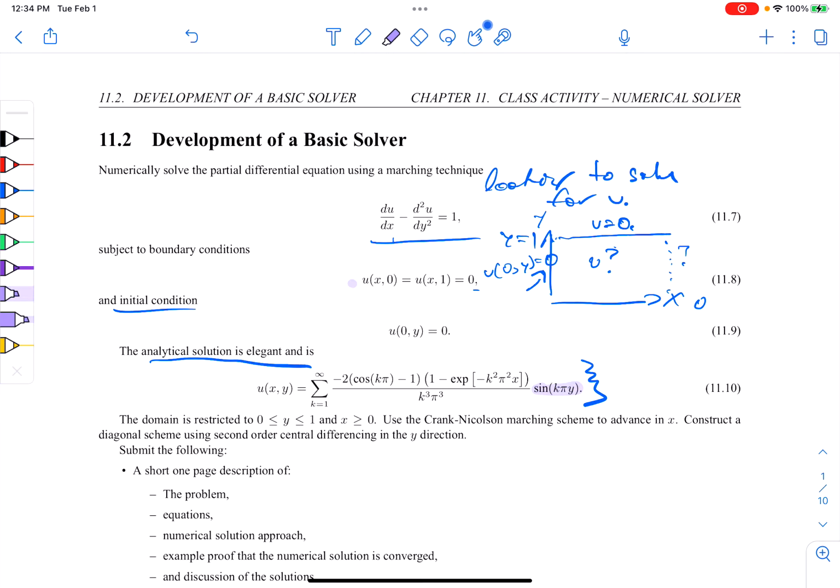And then I have the initial condition. If I set x equal to 0, well, this term doesn't matter. But if x equals 0, I would hope that this type of term goes to 0. So that's the exponent of negative 0, which should go to 1, and 1 minus 1 is 0. So that term is partly there. You can see physically you enforce the initial condition at this location.